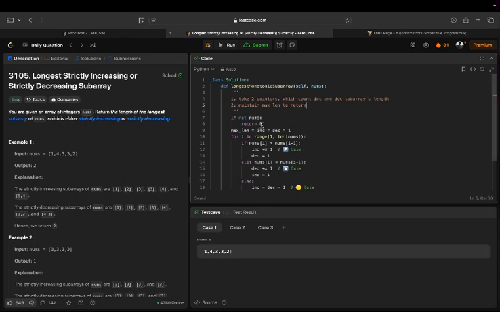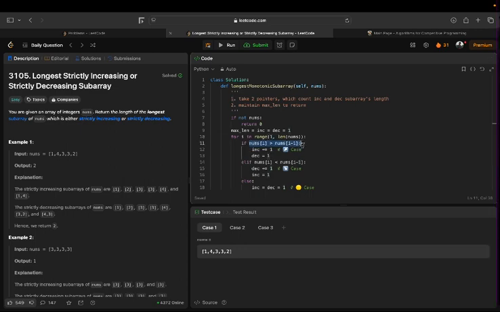At any point, increasing and decreasing can be 1, because if we are considering only one element, it can be considered as an increasing subarray or also a decreasing subarray, right? So we initialize increasing and decreasing to 1, and we go from 1 to length n, comparing two elements, i-1 and i.